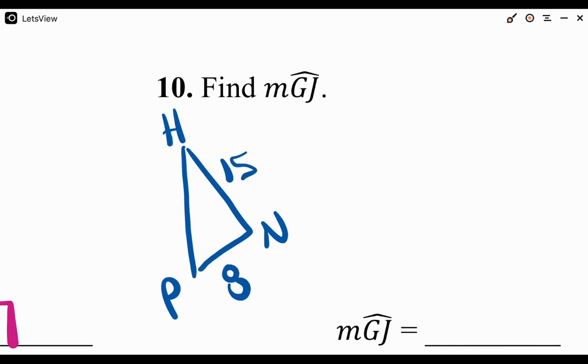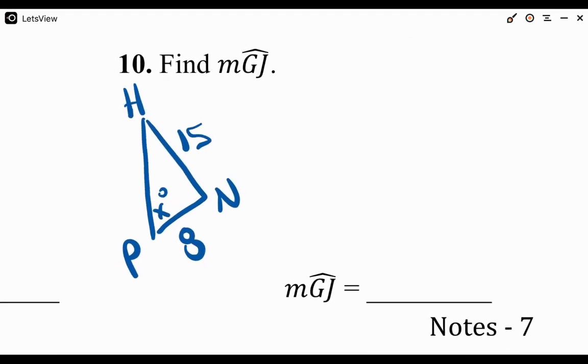This is 8. And then in here, that's our X. So across from our X, that's our opposite. And then PN is our adjacent. So our equation that uses opposite and adjacent, that's tangent. So the tangent of X is equal to 15/8.